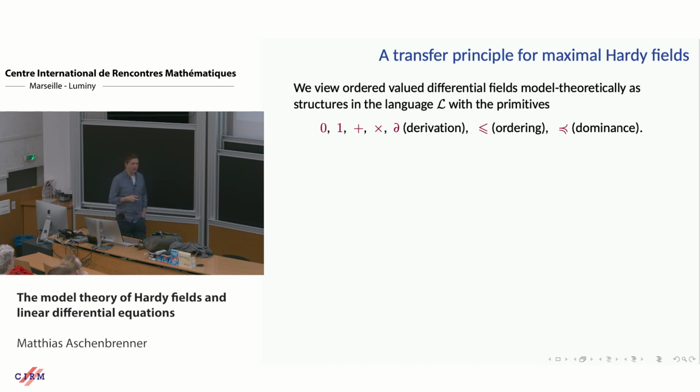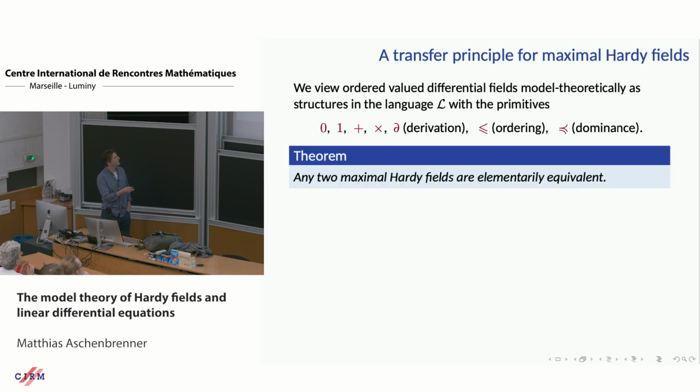There's a symbol for the ordering, and I also want to throw in a symbol for the dominance relation. In the maximal Hardy field context, the ordering is definable from the differential field structure because maximal Hardy fields, remember, are real closed. And the dominance relation is also definable, because it's given essentially by the convex hull of the constant field. But it's useful to have them in the language.